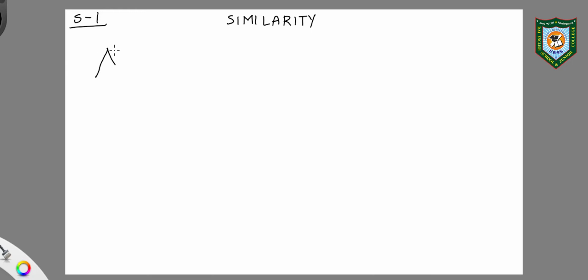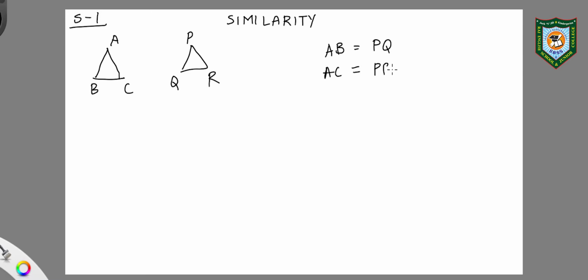So let's say I have a triangle ABC here, and another triangle PQR. If AB is equal to PQ, AC is equal to PR, and BC is equal to QR, that means triangle ABC is congruent to triangle PQR.